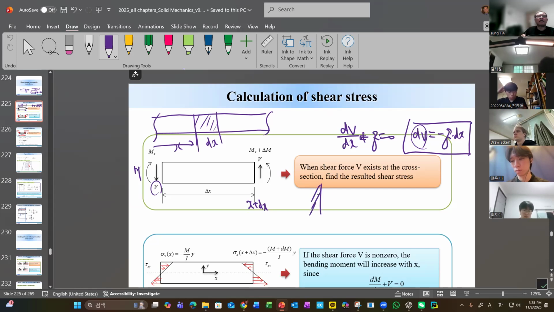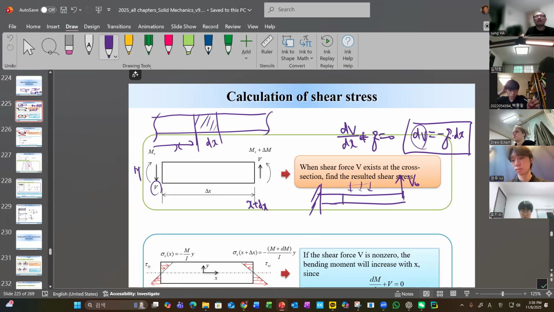Let's say we have a clamped beam like this, and we have a V here. Say this is a concentrated load, V0. This is exactly the same case as the eVTOL. In the eVTOL, we have a motor vertical, and this will be the main body. It's a very typical case. Here we don't have any q, right?